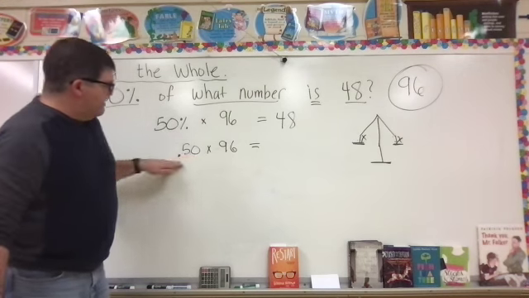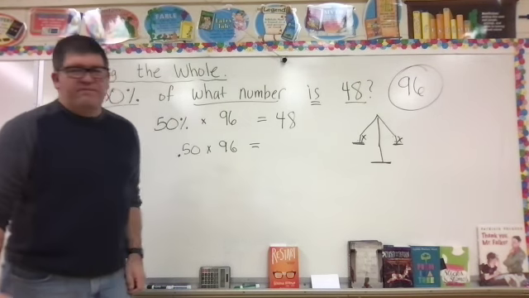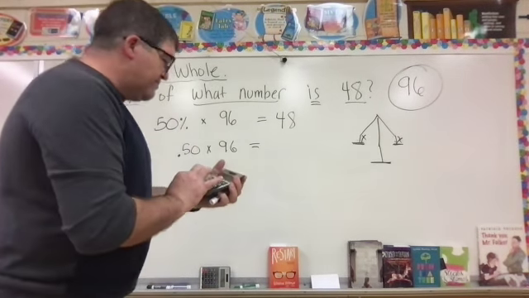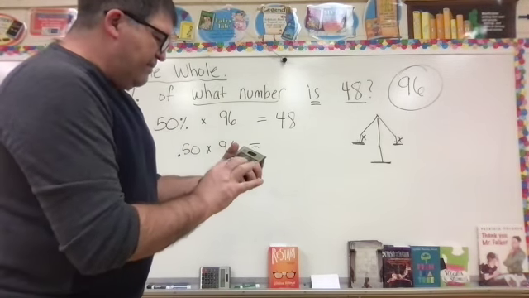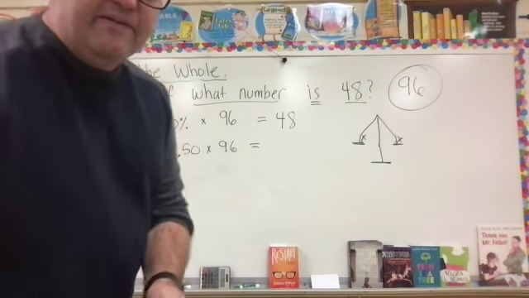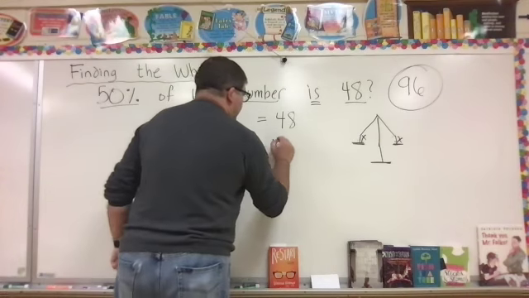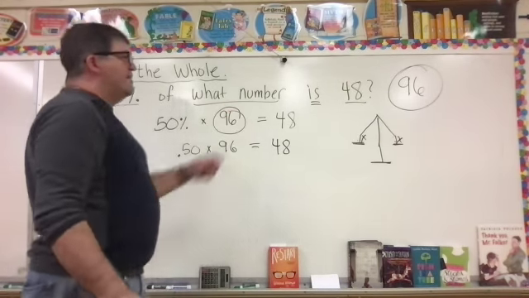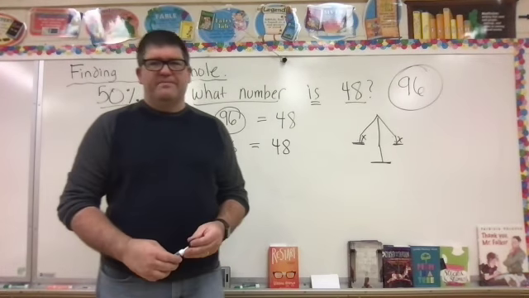Now if I do this and it equals 48, then it means I did it correct. So let's try it. 0.50 times 96 equals 48. Sweet. That equals 48. That all checks out. So 96 is my answer.